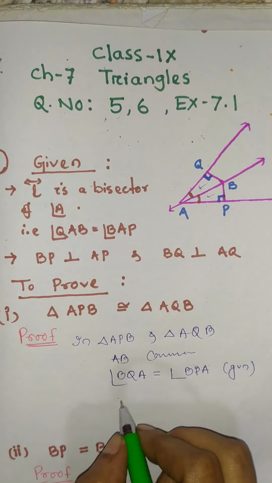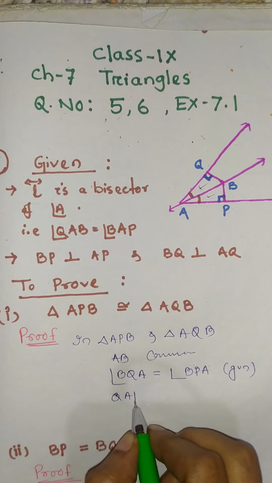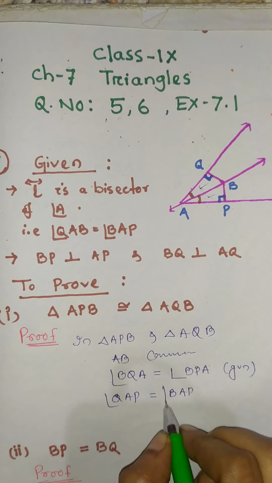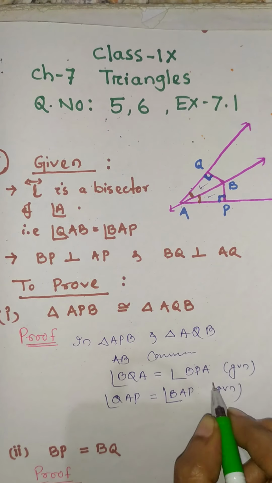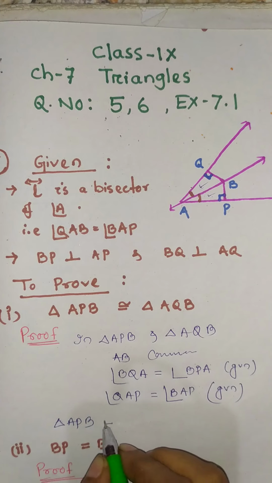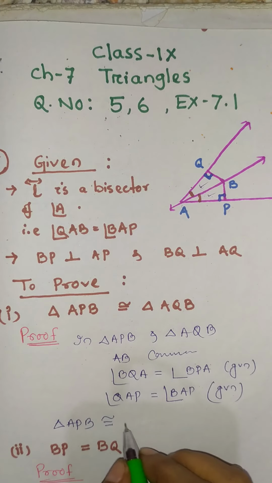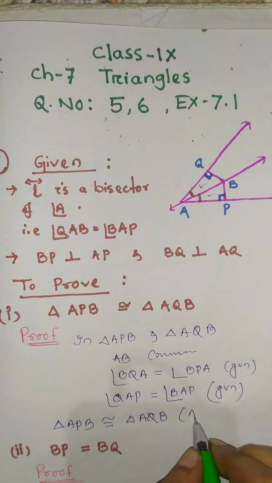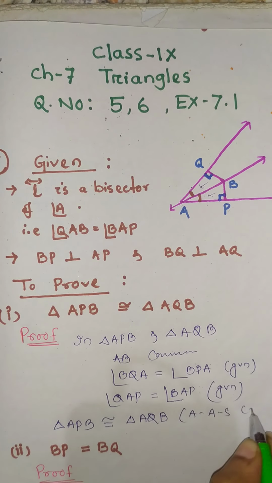Again, angle QAP is equal to angle BAP, it is also given. So triangle APB is congruent with triangle AQB by the angle side criteria.